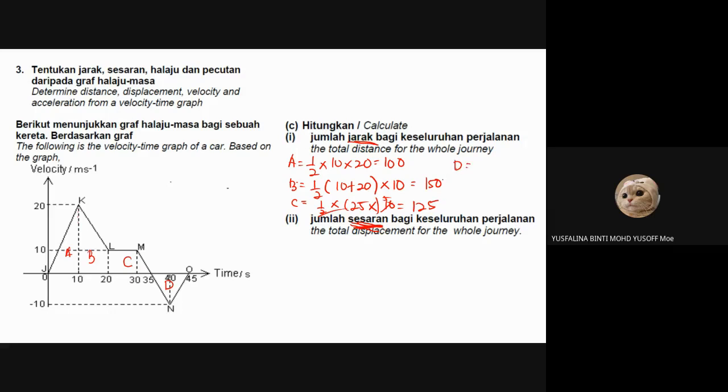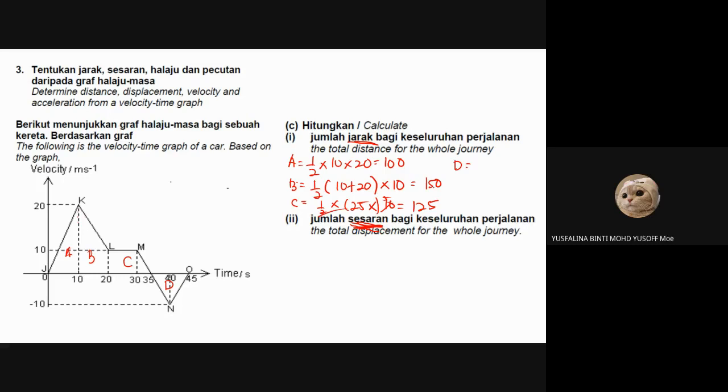Okay, for distance, ignore the negative. Why ignore? Anyone know why you have to ignore the negative? Going back, it's distance. Distance is a scalar. Right, good, Erin.